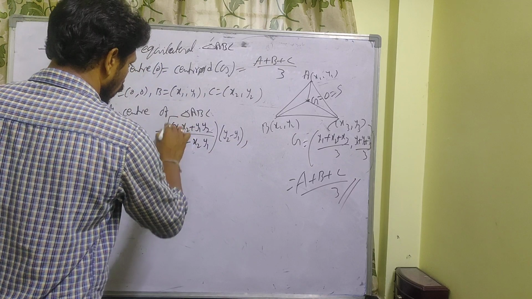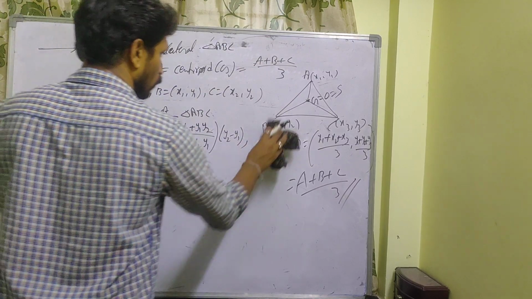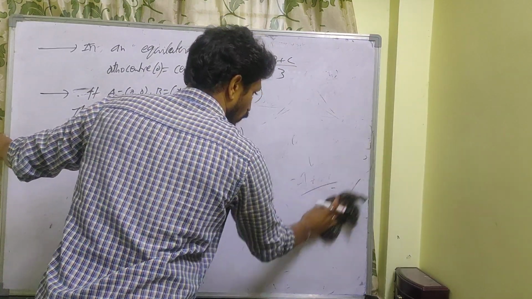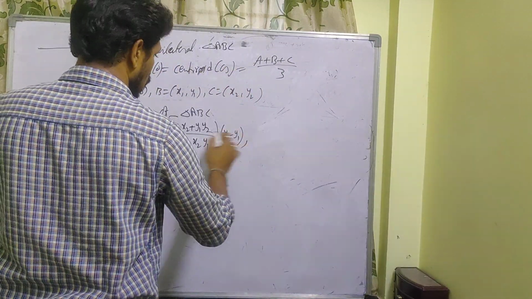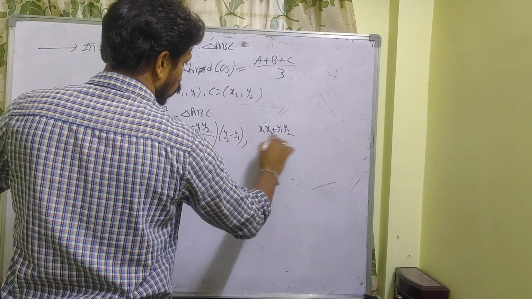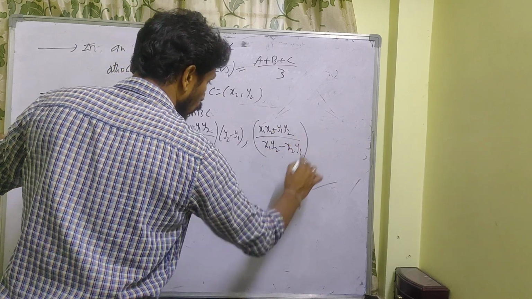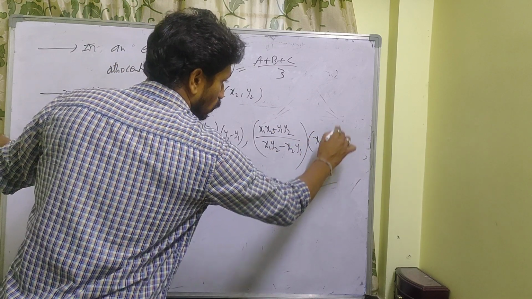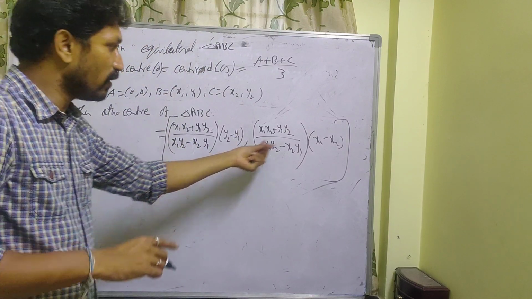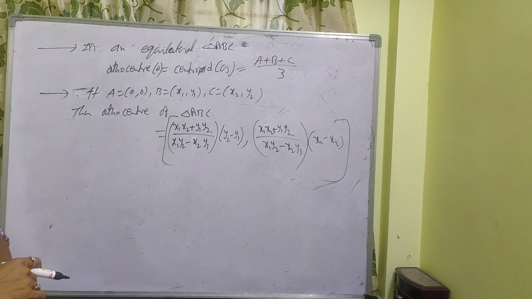This is the x coordinate, and the y coordinate is the same right here: x1 x2 plus y1 y2 by x1 y2 minus x2 y1, into x1 minus x2. See the difference? Same structure. Here y2 minus y1, here x1 minus x2. These formulas are very, very important.